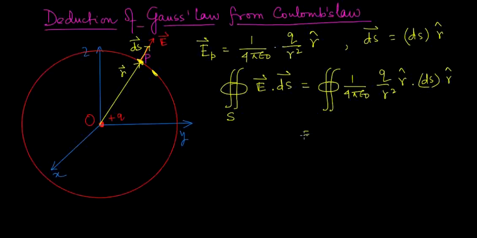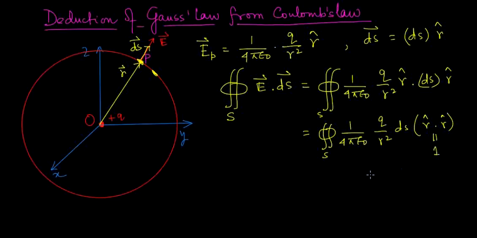So this will be the complete surface integral over S, 1 by 4 pi epsilon 0 q by r square ds times r cap dot r cap. Now what is r cap dot r cap? This will be identically 1.